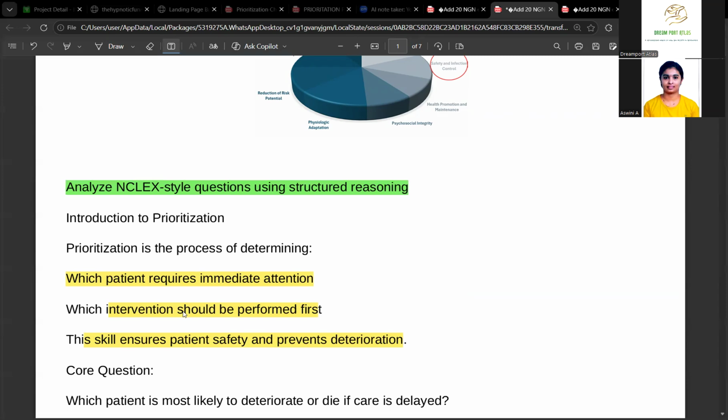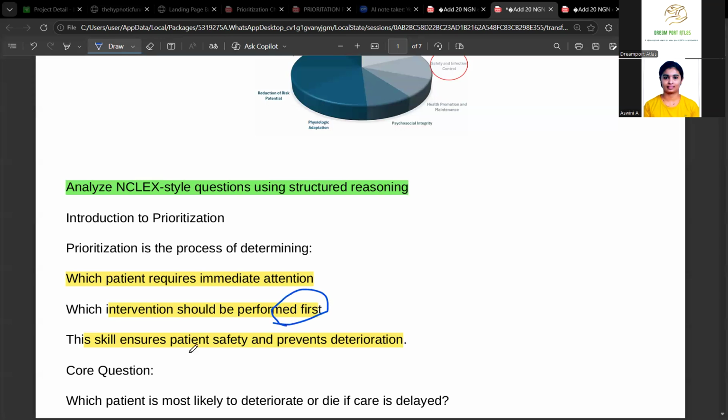So what do you think? Our thinking should always go to the emergency management, or the primary intervention needed for the patient to manage the complication or prevent the ill effect. Which intervention we need to do first should be our primary focus. That means the first action we need to focus on.